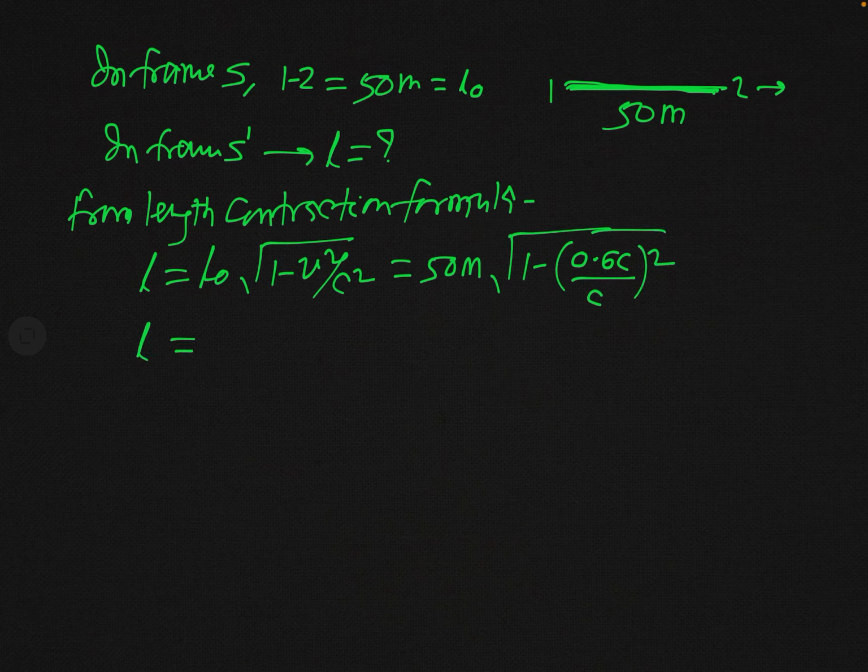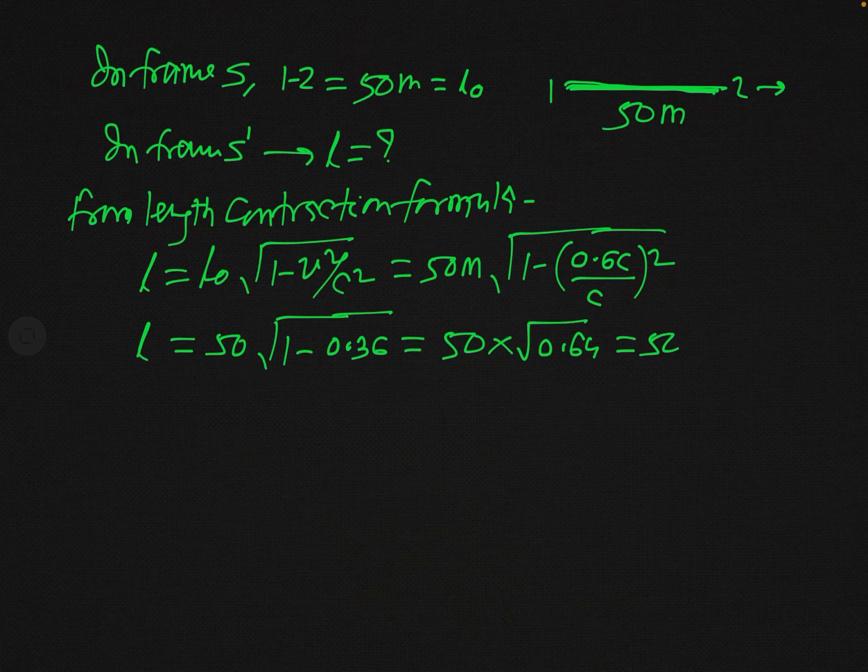So you can see this L will be equal to 50 into root over 1 minus 0.36, so this will be 50 into root 0.64, and the square root will be 0.8, and so L is equal to 40 meter.